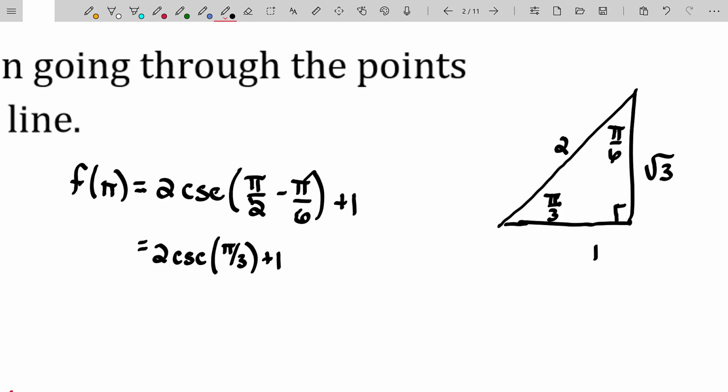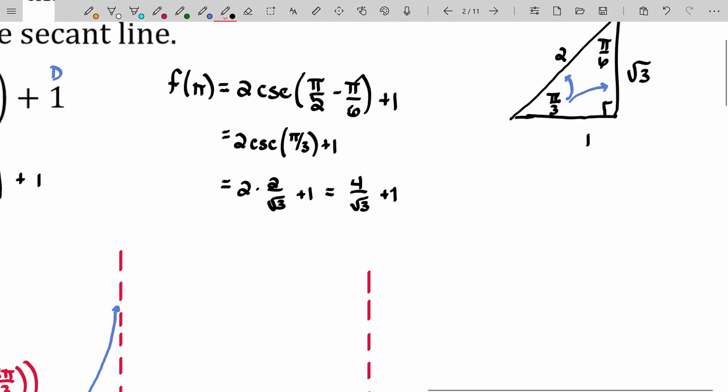And now we know cosecant is hypotenuse over opposite. And so we want the hypotenuse over opposite when it comes to the angle pi over 3. Hypotenuse being 2, opposite being root 3. So this is 2 over root 3. Now I have to admit, that's not the best number in the world, but that's just how life works sometimes.